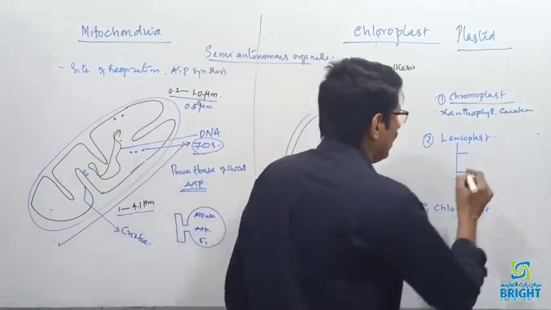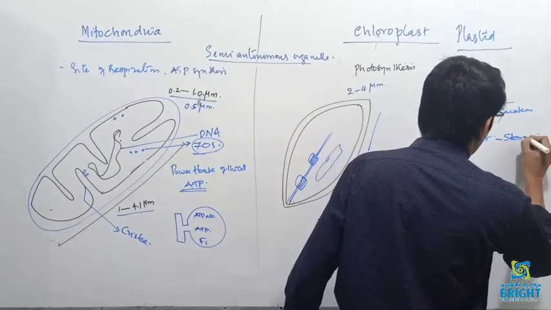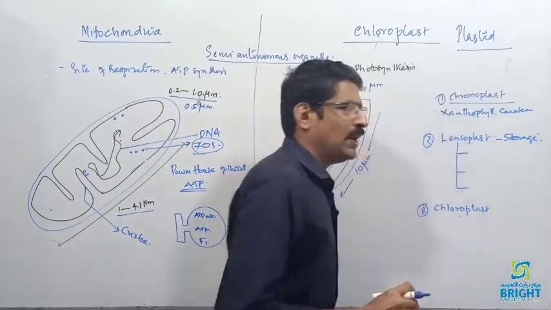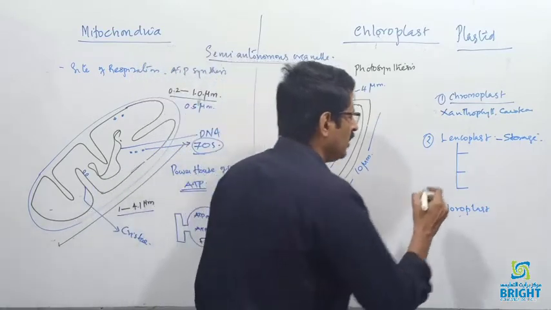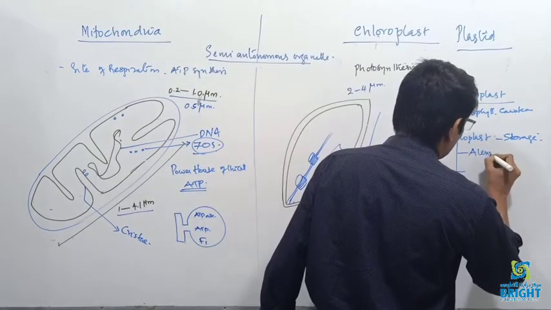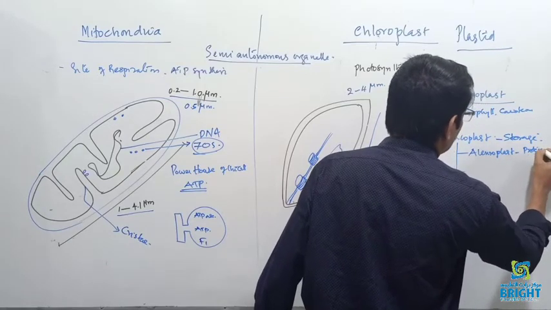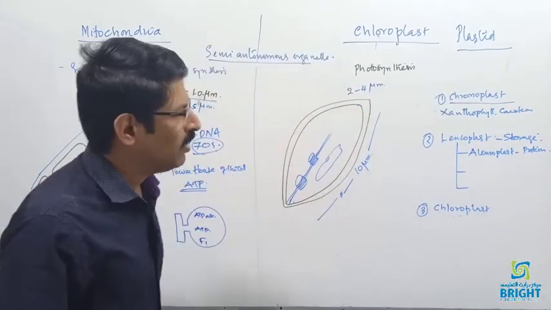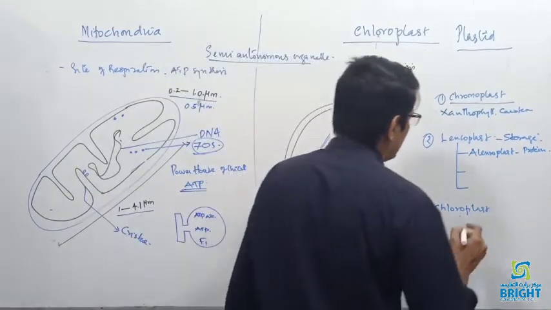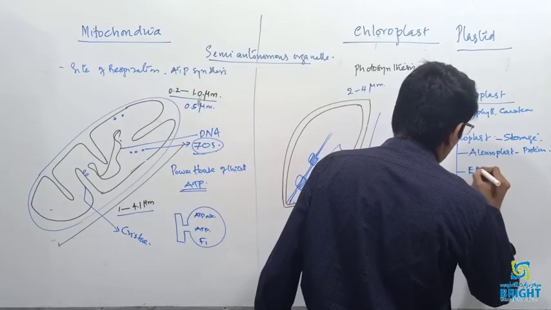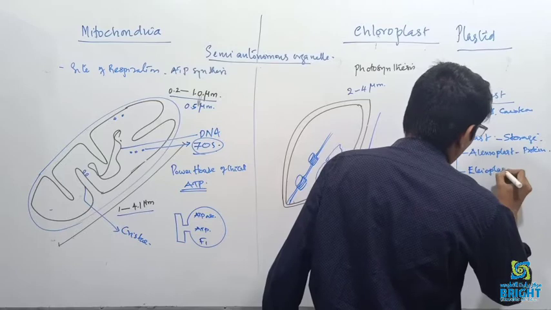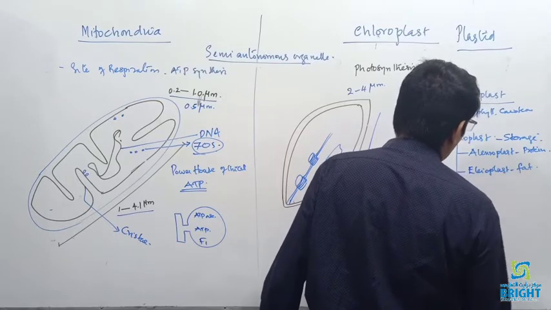And leucoplast is involved in the storage of food material, and it can be divided into three basic types. One is aleuroplast, which stores protein. The next is elaioplast, which stores fat molecules.